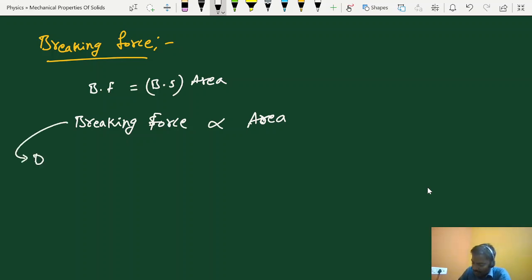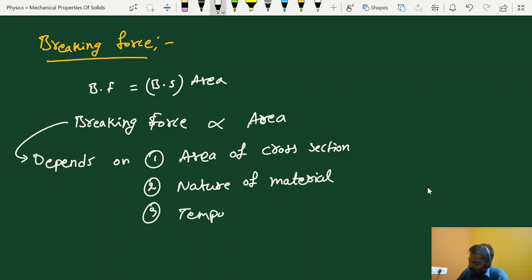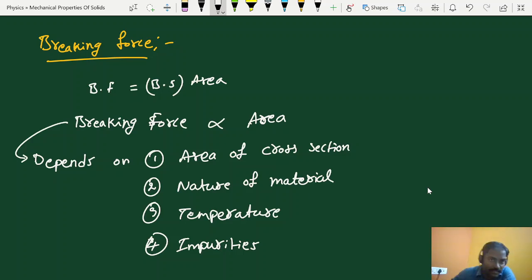Breaking force depends on area of cross section, nature of material, temperature, and impurities added. You can also define it as the maximum load required to break the substance, or the maximum load that a wire can withstand without breaking, right?